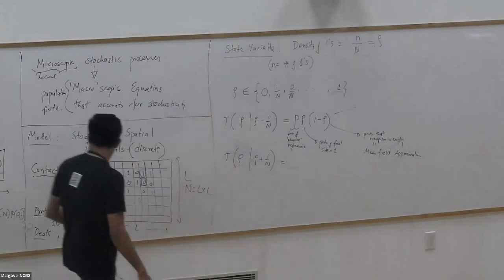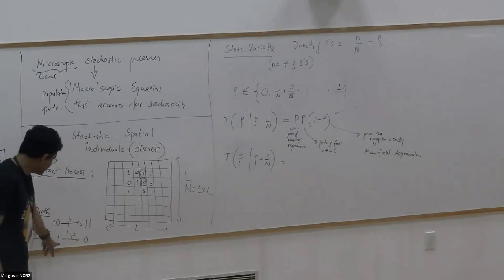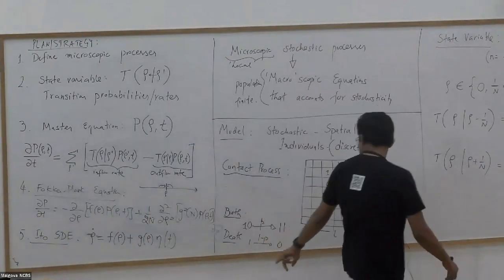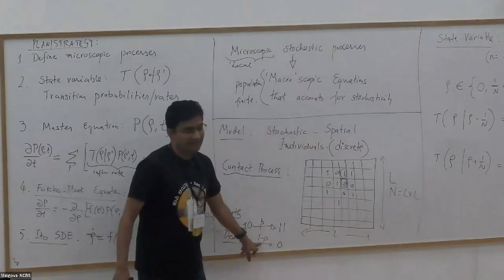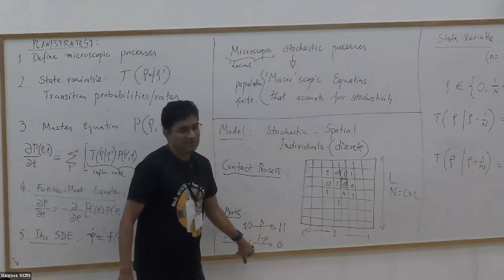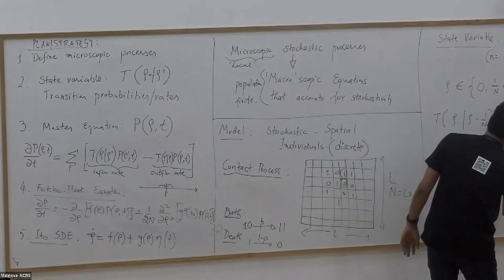When does this happen? This happens via death. So when does that death happen? I must pick one, which happens with the probability of rho, and then I must not choose birth but instead choose death. So that is basically 1 minus p.